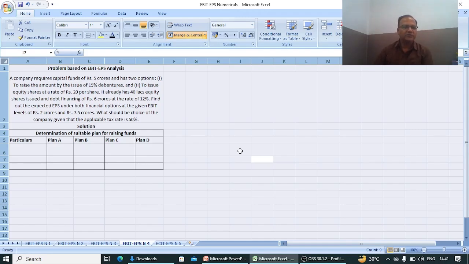It already has 40 lakh equity shares issued and debt financing at a rate of 12%. Find out expected EPS under both financial options at the given EBIT levels of rupees 2 crore and 7.5 crore.